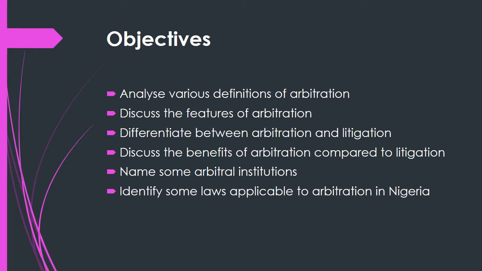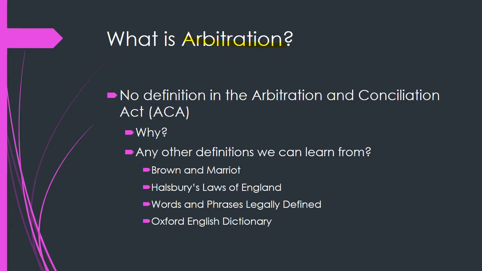In the next lesson we'll look at the benefits of arbitration compared to litigation, some arbitral institutions, and applicable laws. We hope that at the end of this class we'll be able to understand the first three objectives. Okay, so now to our lesson proper.